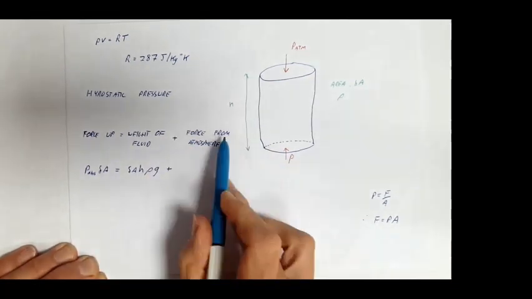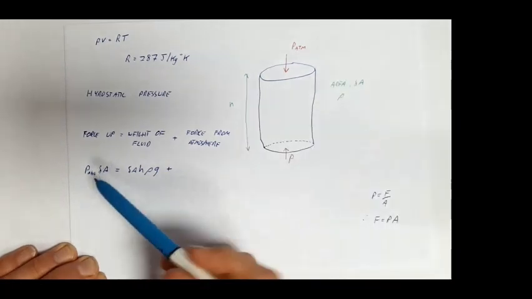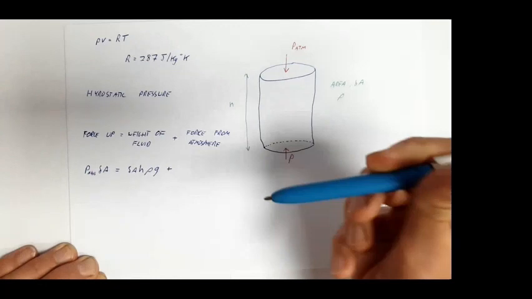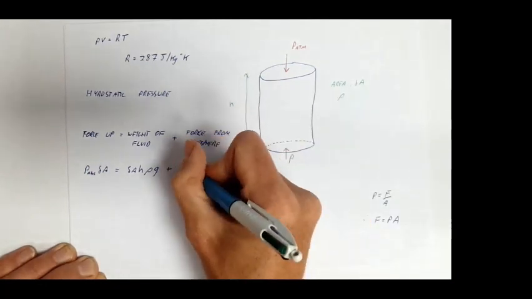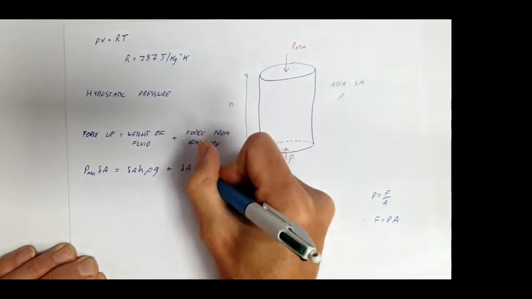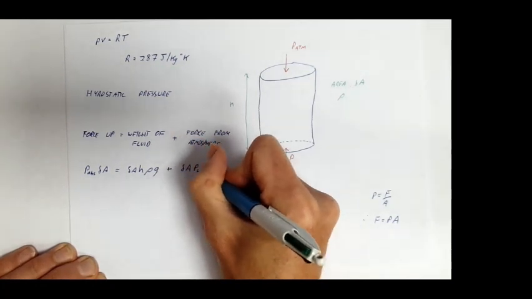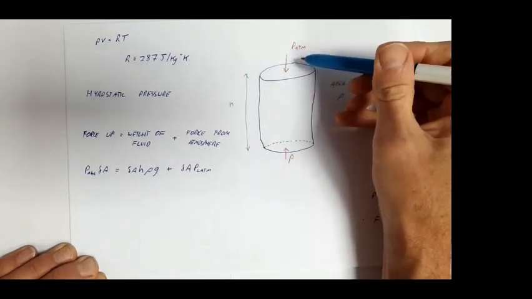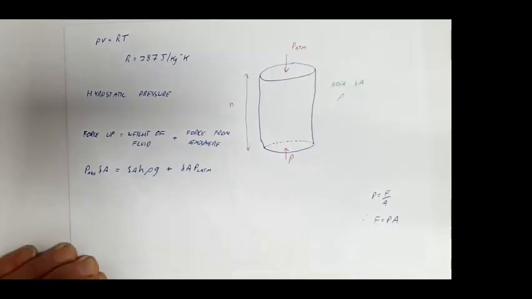Plus the force from atmosphere, again, just like on the bottom, it's the pressure times by the area. The area is delta A, the pressure is the local atmospheric pressure acting on top of the surface there.